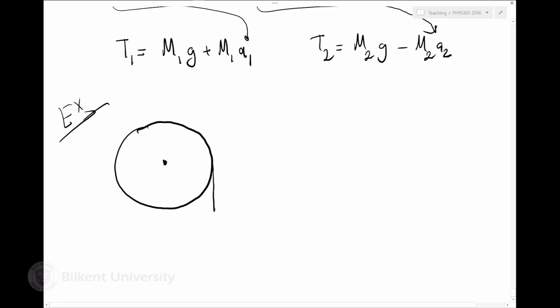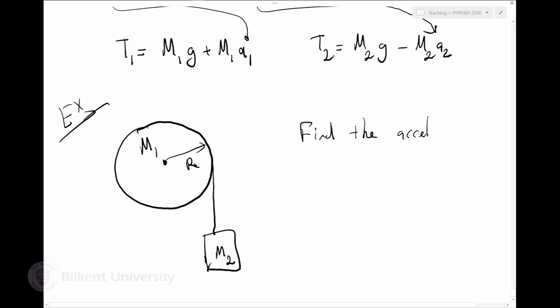Just some mass m tied to a disk of radius r and total mass, let me call this m2 and m1. Find the acceleration of the mass m2.